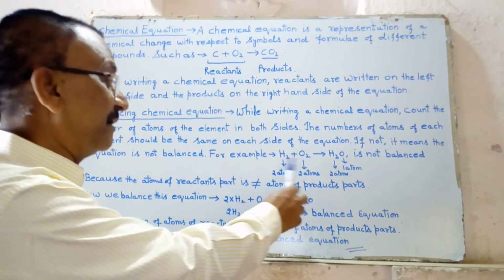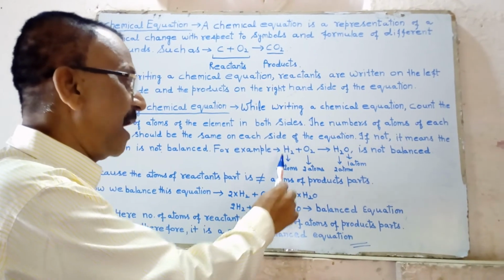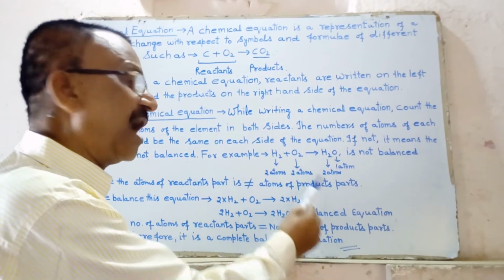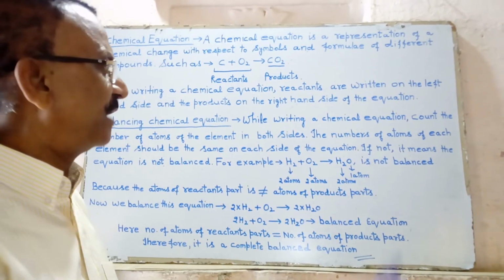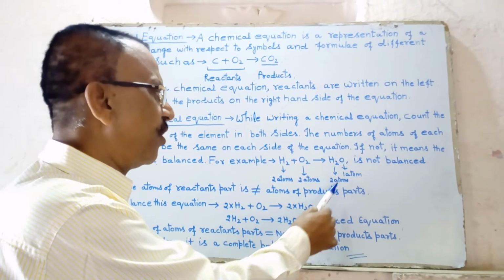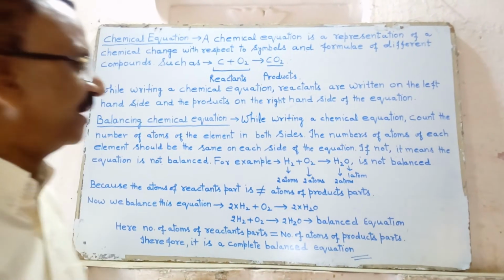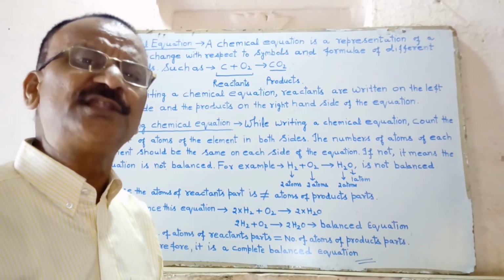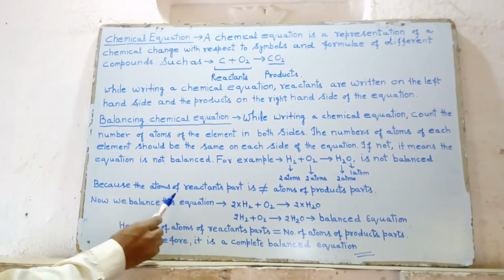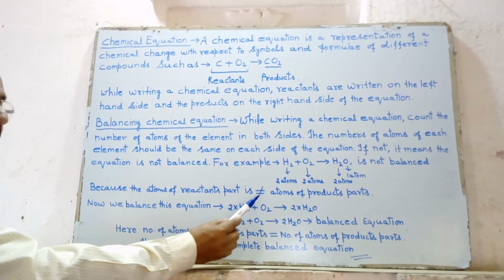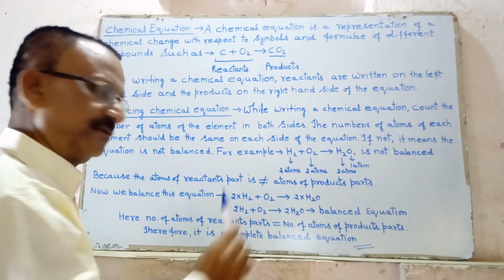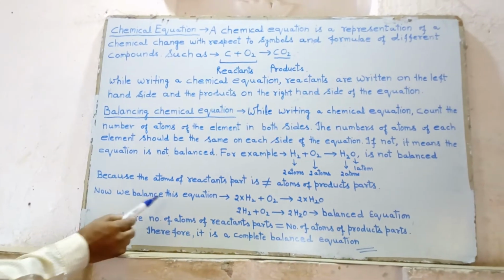But the reactant part has two atoms of hydrogen and two atoms of oxygen, which are not equal to the product part of water, which has two atoms of hydrogen and one atom of oxygen. So it is not a balanced equation because the atoms of the reactant part are not equal to the atoms of the product part.